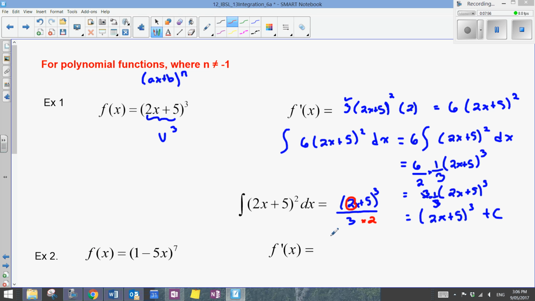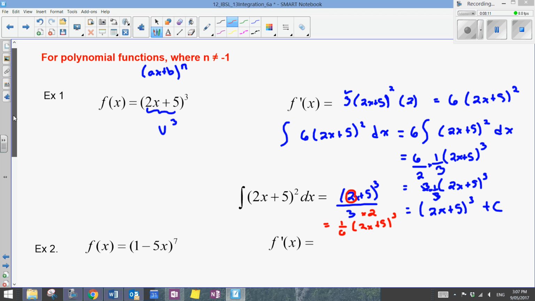So I'd wind up with 1/6 times 2x plus 5 to the third. We have to take into account a few of the steps that we did going forwards when we differentiated, and now reverse them when we integrate.